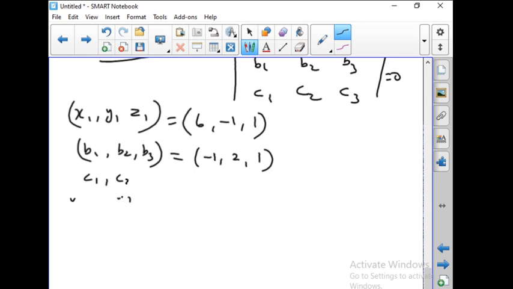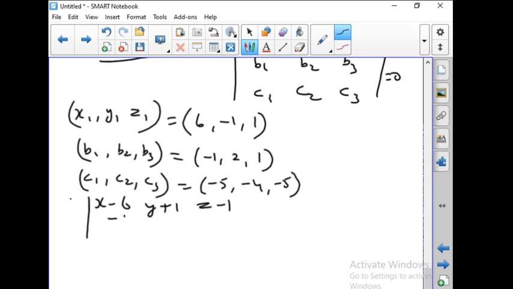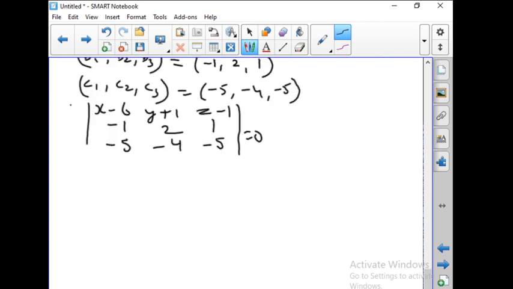And C1, C2, C3 is equal to minus 5, minus 4, minus 5. So substituting in the determinant: x minus 6, y plus 1, z minus 1, minus 1, 2, 1, minus 5, minus 4, minus 5 is equal to 0.